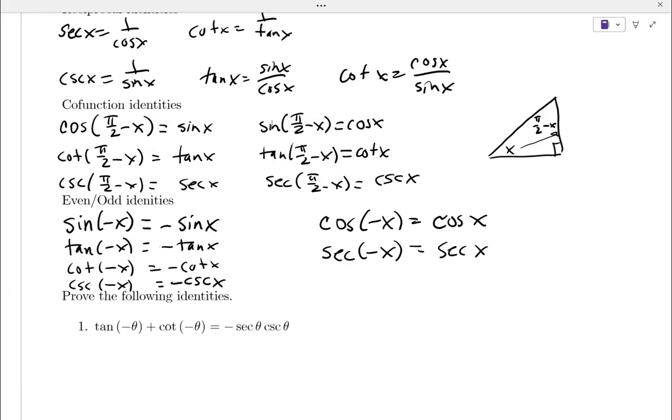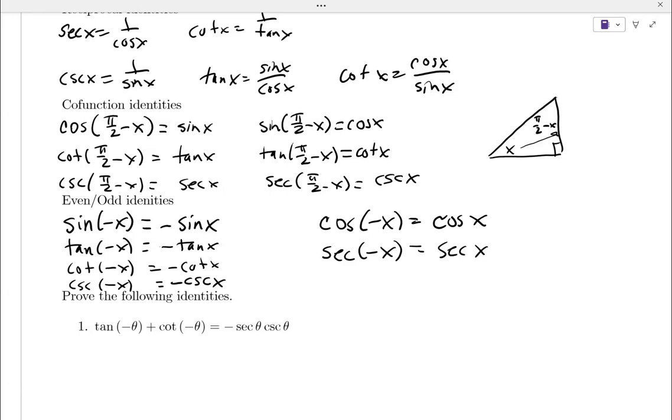And if you change that number on the x, that argument, to a 2x or a 3x or whatever, it never works. You can never just pull out a constant. The reason I'm making such a big deal out of that is because we're going to have identities that actually tell you how to rewrite things with ones like 2x or x over 2. So make sure you don't just try to pull the constants out.